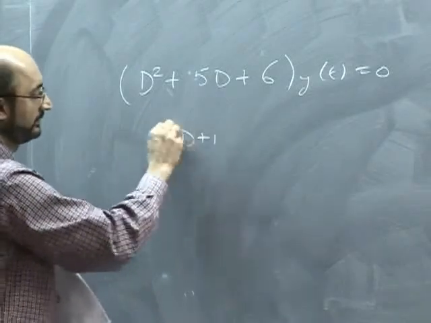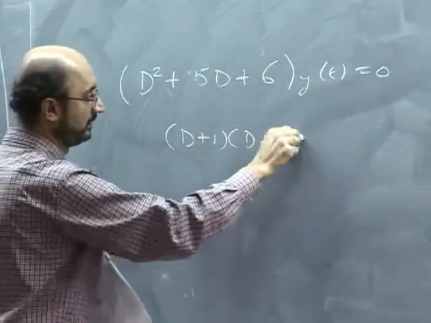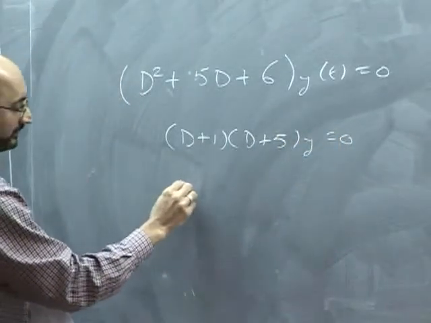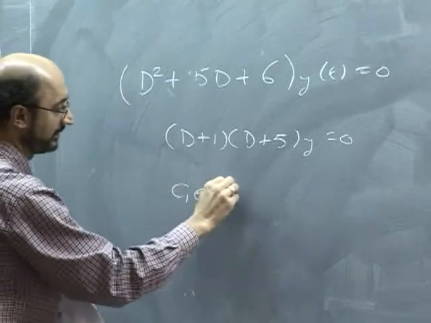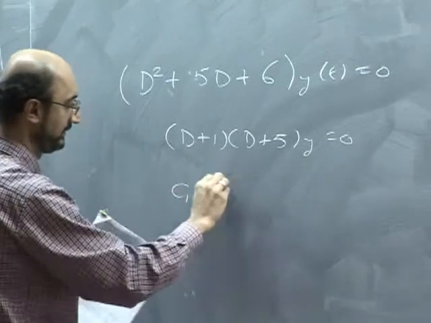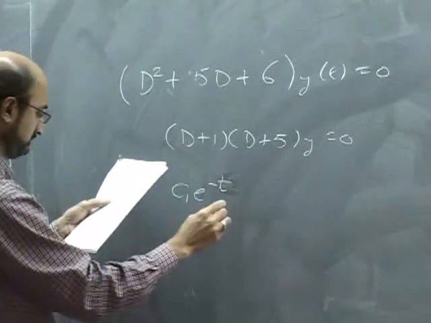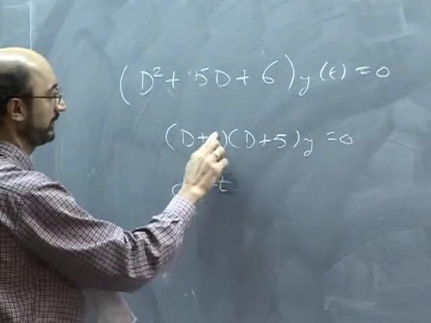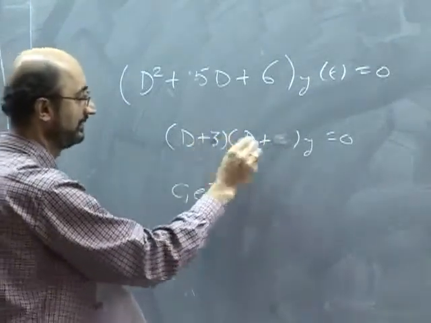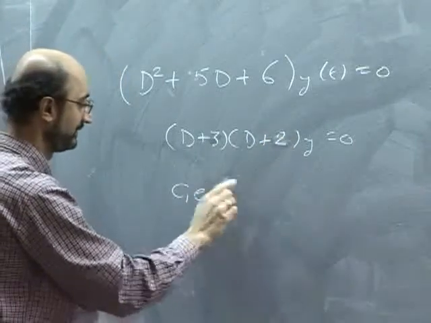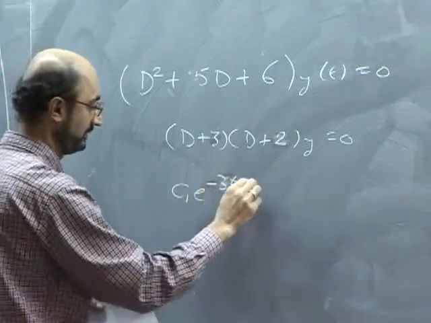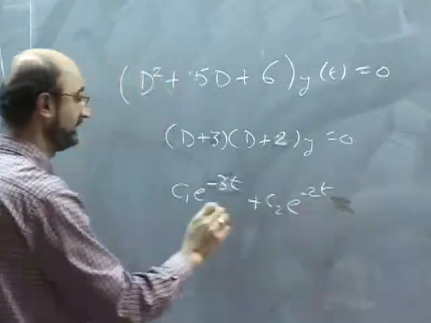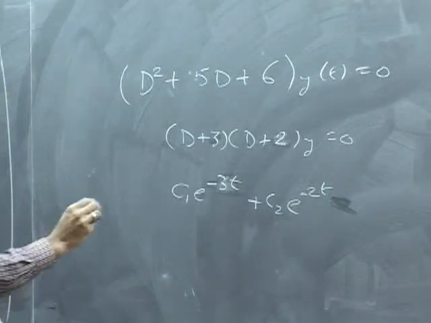Then this is d plus 2 times d plus 3 y equals 0, and this gives us the response yt equals C1 e to the minus 2t plus C2 e to the minus 3t.